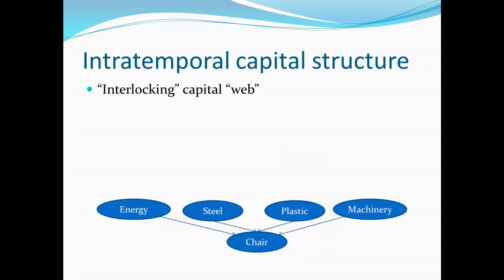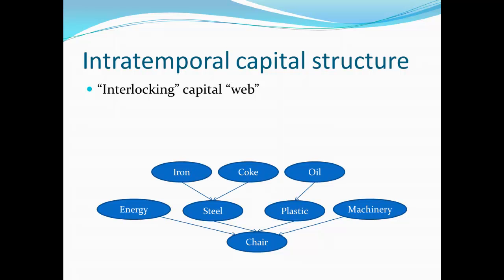Of course, we know that each of these, what we could call parents of the chair, also has to be produced. So for example, to get steel, we need to have both iron and coke combined. We also need to have that happen in a furnace, so there are things we would need that I don't actually have on my list here. To get plastic, we need oil, but that oil has to be refined and processed in a particular way so we actually get plastic in a usable form.